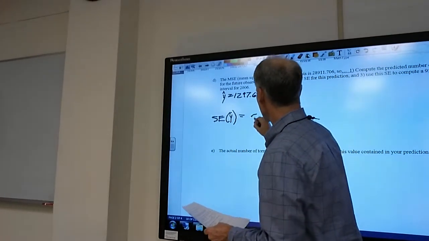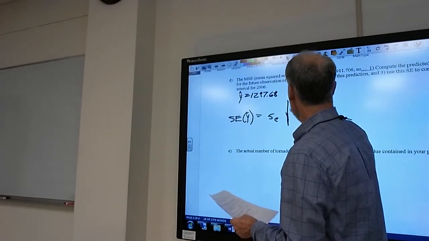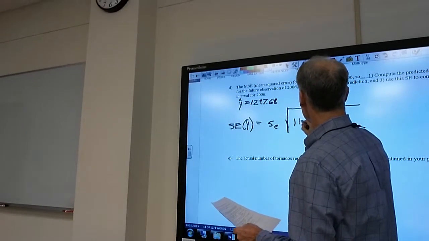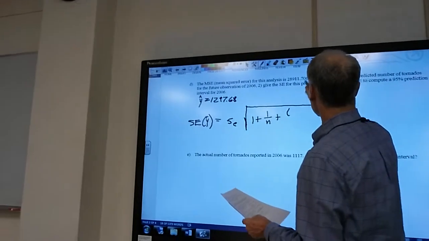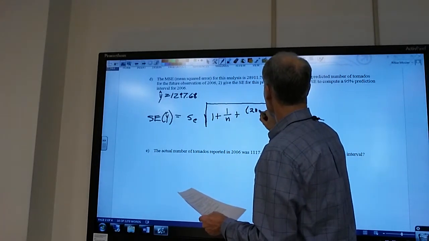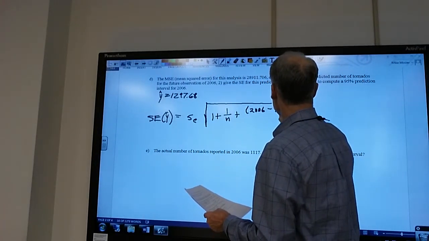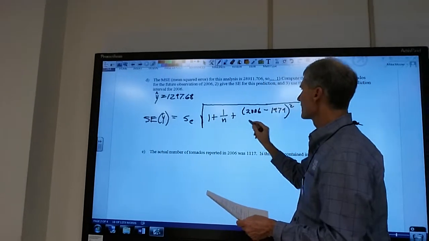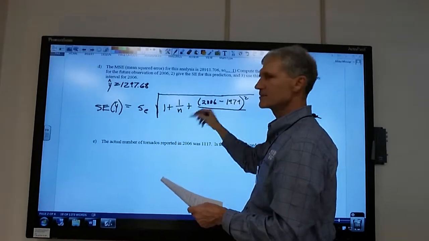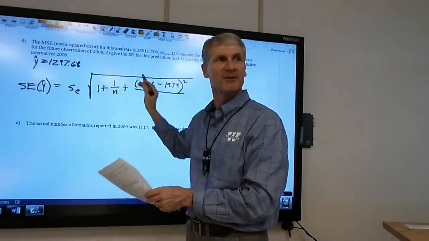But you need SE, and then the square root of 1 plus 1 over n plus, and then it's the value of x that you're interested in, 2006, minus the mean of the x's, right? Oh, I'm mixing numbers, but you understand what I'm doing?